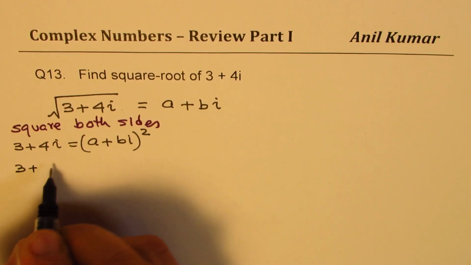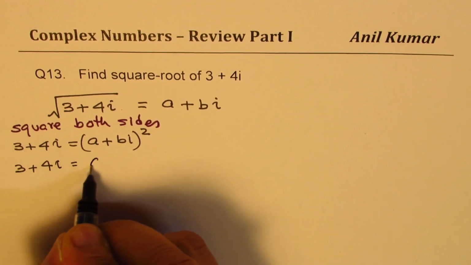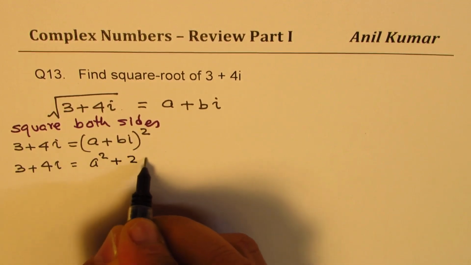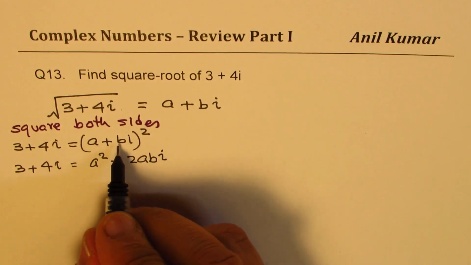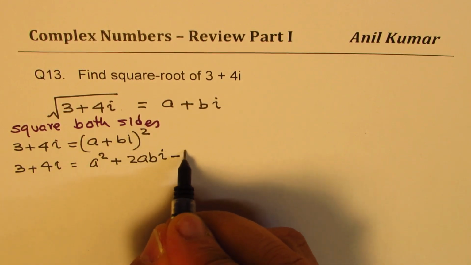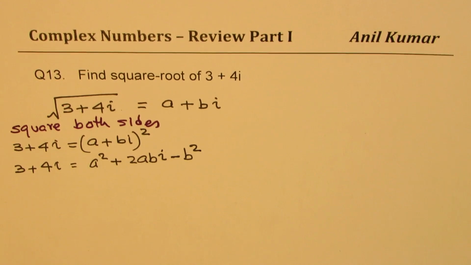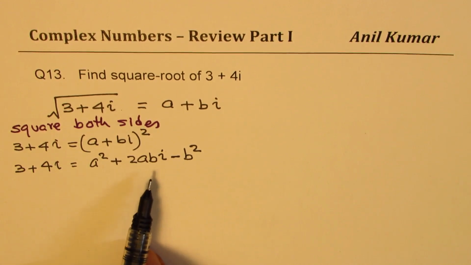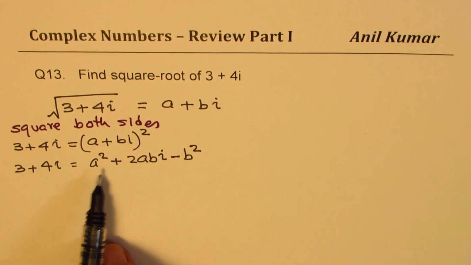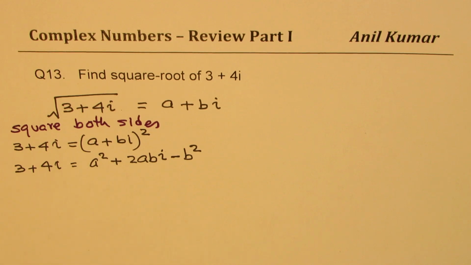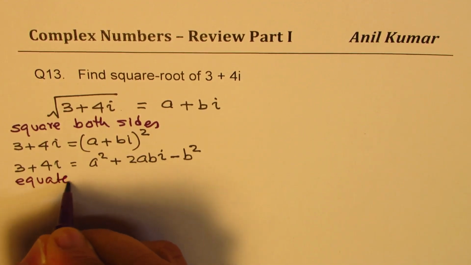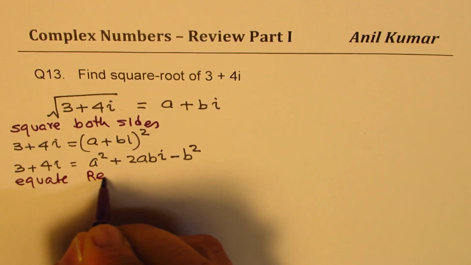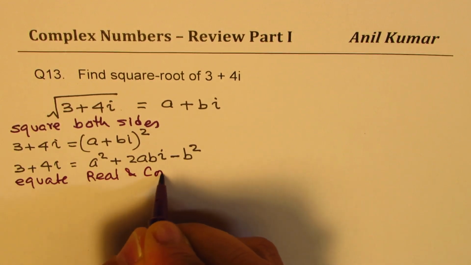So we can write 3 plus 4i as equal to a square plus 2abi plus b squared i square, which is minus b square. Correct? Now, from here you can see we can compare the real and complex parts, right? So equate real and complex parts.